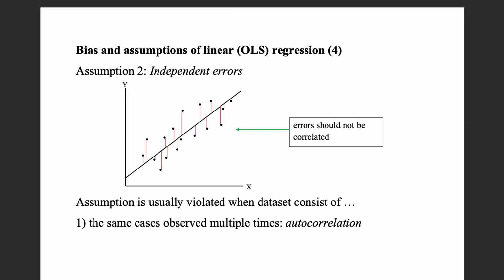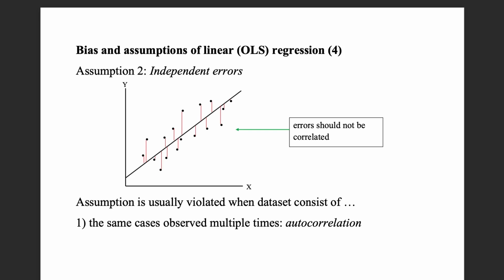a simple random sample like the one we are using until now. Simple random sample meaning that we have a population, and from that population, every case in that population has the same probability of being included in the sample, and there's otherwise no systematic relationship between the cases in the probability of being included in the sample.